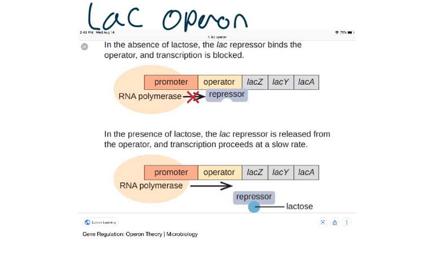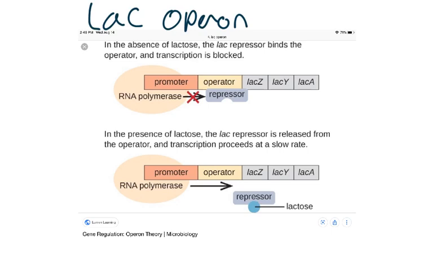And so last but not least, we're going to talk about the Lac Operon. And the Lac Operon is seen in prokaryotes, and it's also a method of gene regulation, but it introduces some new components here. So we have a promoter region, which is similar to the eukaryotic promoter region. It essentially is a place where RNA polymerase can bind and start to transcribe these genes.